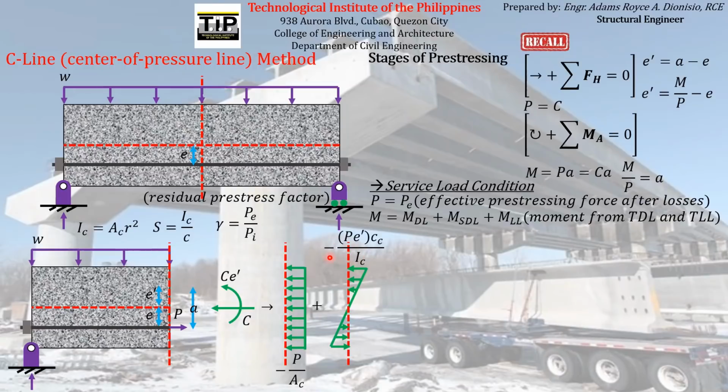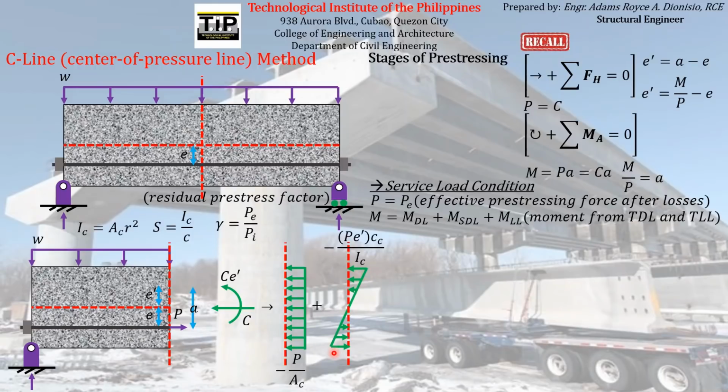And take note of the negative sign, because obviously these stresses point toward the concrete element itself, thereby producing compressive stresses. So we indicated a negative sign to indicate that the stresses are compressive.